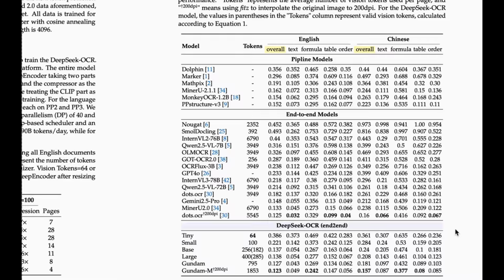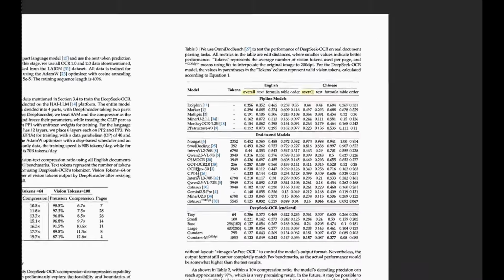And in the parsing task, what they have noticed is, you can also see that there is GPT-4o present over here, and they have also beaten GPT-4o on this benchmark. And you can see that DeepSeek OCR small, and even the base, large, every model is doing really better for the tokens which are present per page. And the qualitative results are also really, really cool.